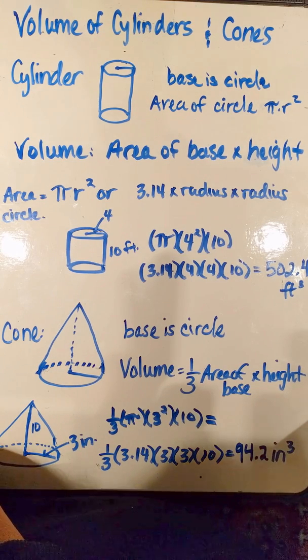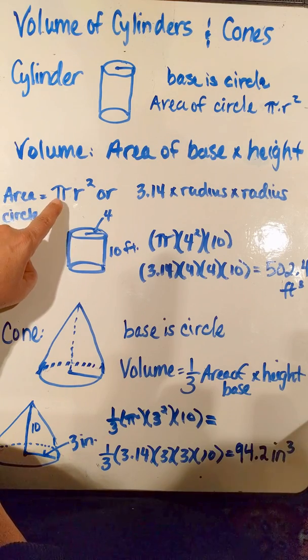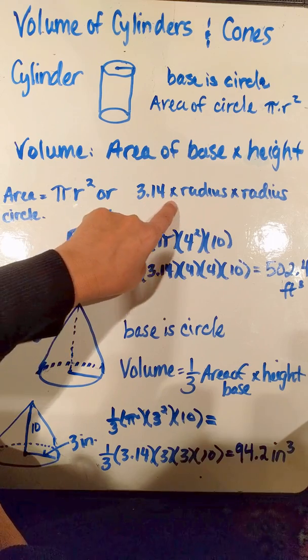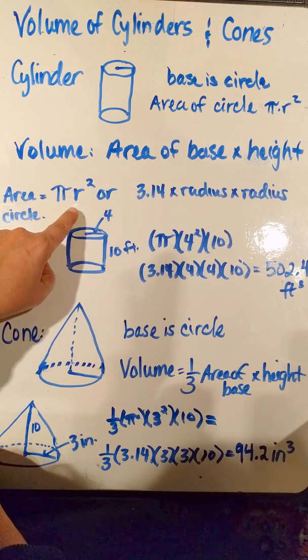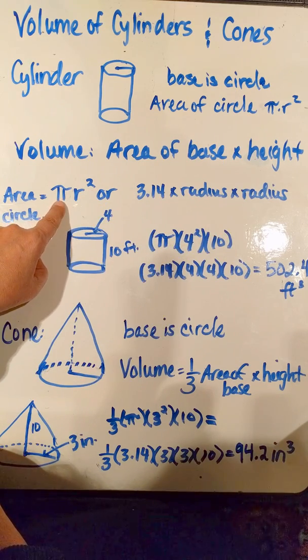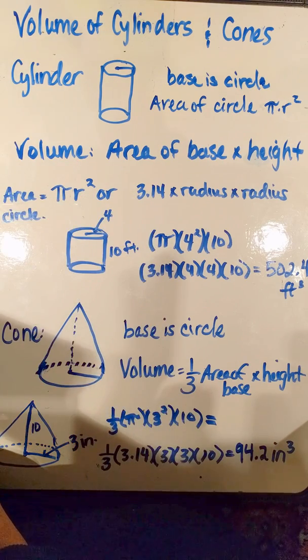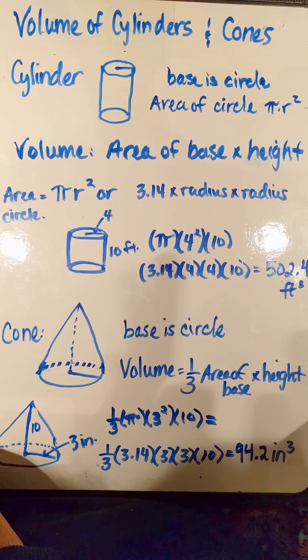So here I've written it out. Area of a circle is pi r squared, or 3.14 times radius times radius. Two radiuses and pi.